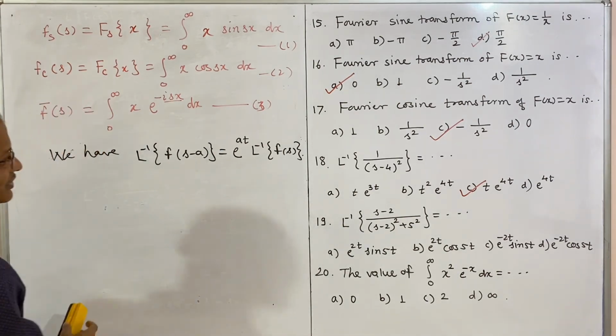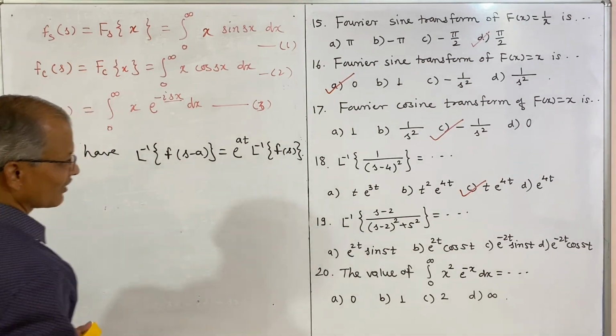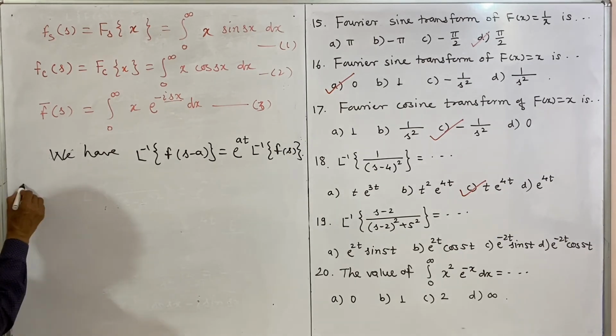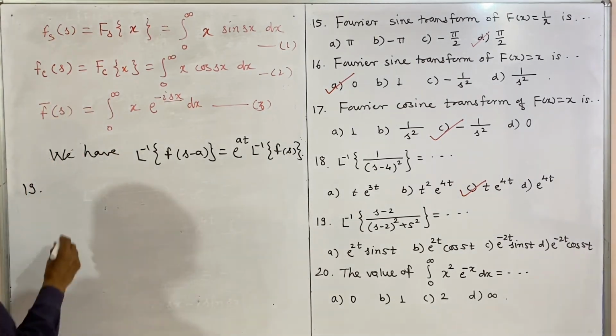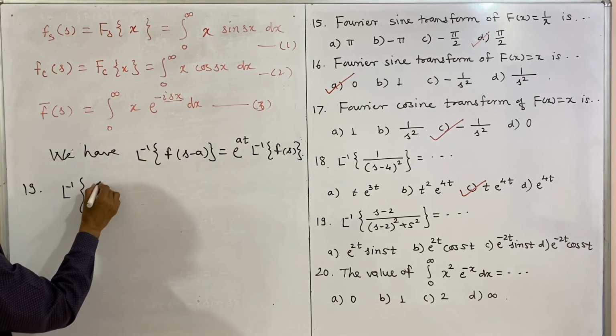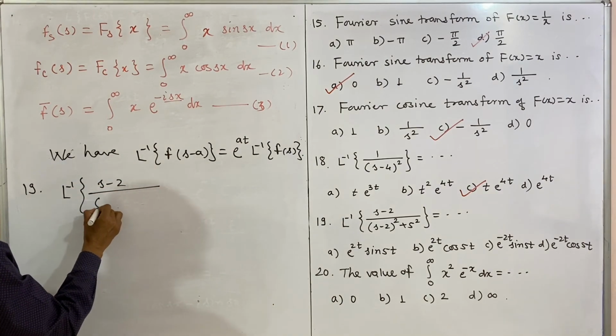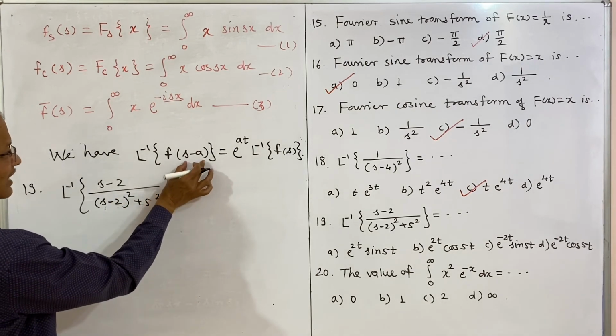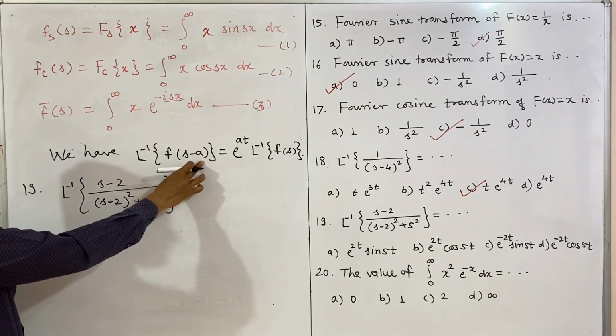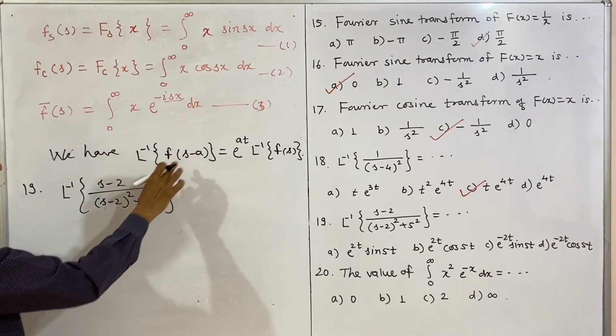Actually here also we should use the same result as in the previous problem. Using this shifting theorem, we get L inverse of (s minus 2) divided by (s minus 2) square plus 5 square. Whenever s minus a is there, we note the value of a.